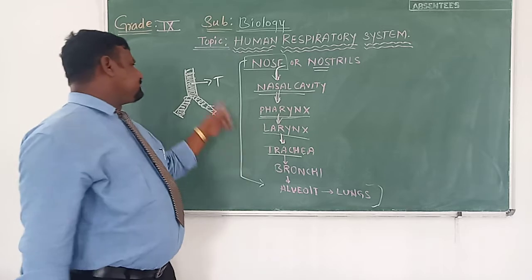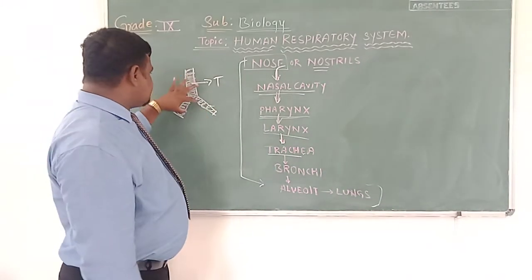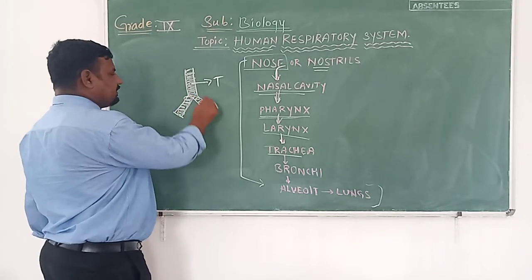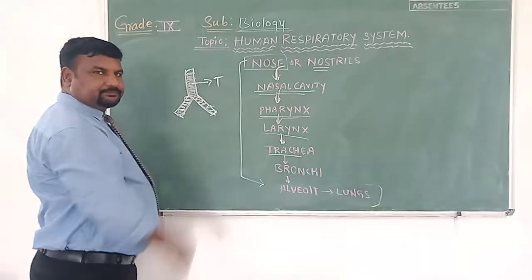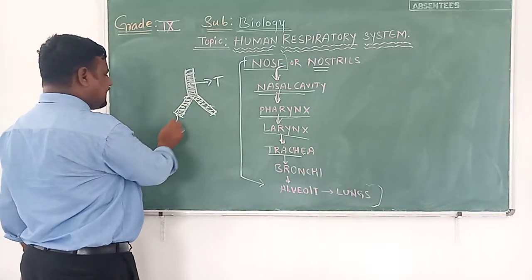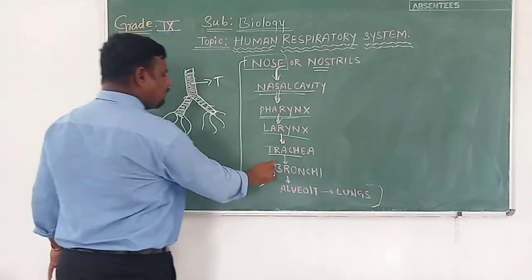The trachea is made with several C-shaped cartilaginous rings. When it enters the chest cavity, the trachea divides into two branches like this. These are called bronchi.